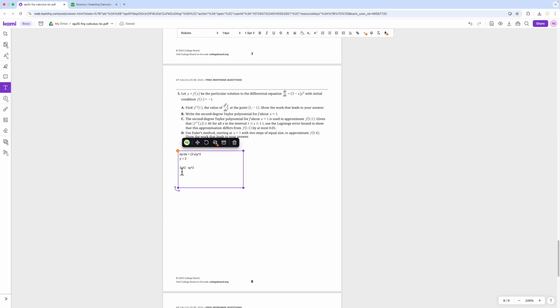So let's differentiate this because this is y prime, but we need to find y double prime. So y double prime is equal to, first we're going to be doing the chain rule, so 6y times y prime minus, we're doing product rule here, so it's xy squared, so it's going to be y squared plus 2y times y prime times x. So let's just evaluate these.